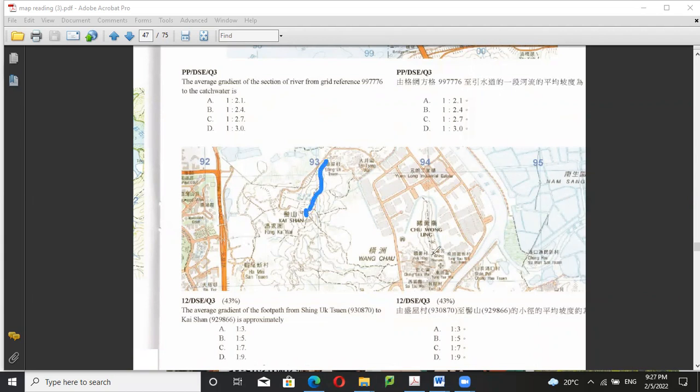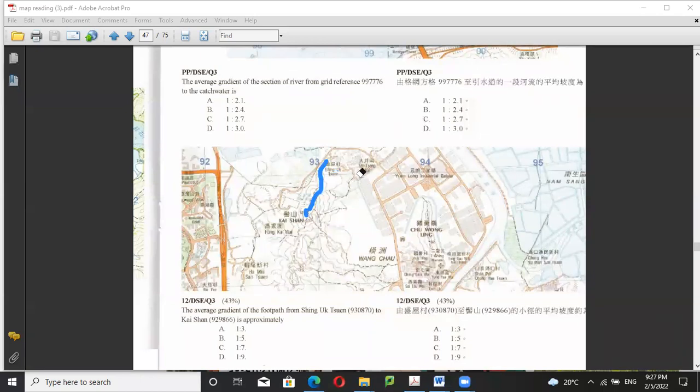The vertical will be 1 2 something, isn't it? For the 尖屋村, it should be 40 meters height. You can see the 100, then 800 meters and 400 meters line is right here. Can you see the 400 contour line? Then it should be like this.